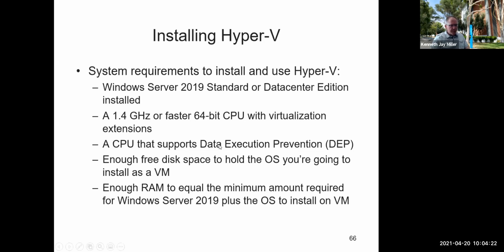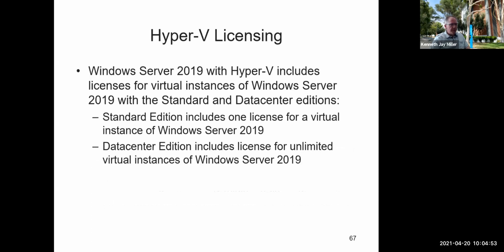If it's Intel, it has to support XD, execute disable. You must have enough free disk space to hold the operating system you're going to install, and then enough RAM to equal the minimum amount required for each of the servers plus the VMs. So in our case, we're going to keep our VMs no more than 4 gigabytes per virtual machine, right?